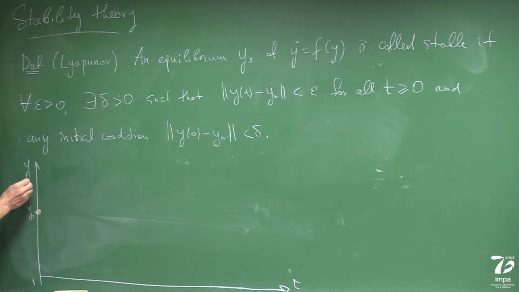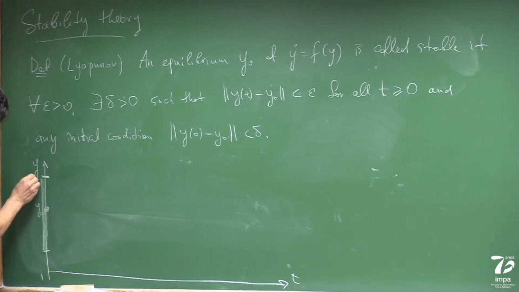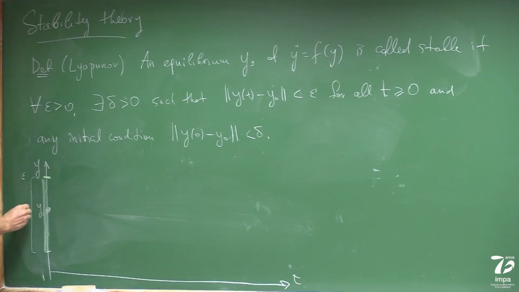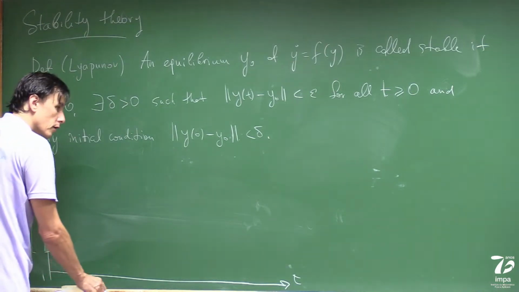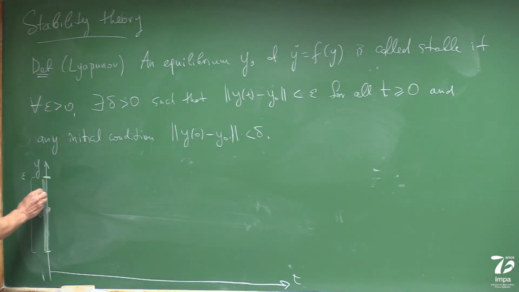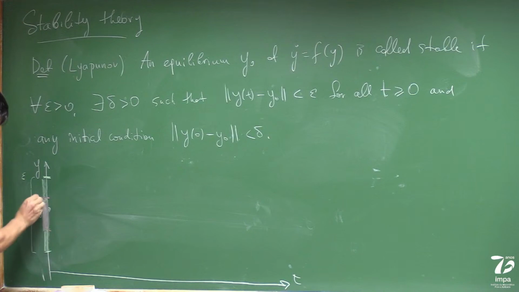Whatever epsilon neighborhood you define, which is this distance epsilon from y0, you can define a smaller distance which has a size delta.